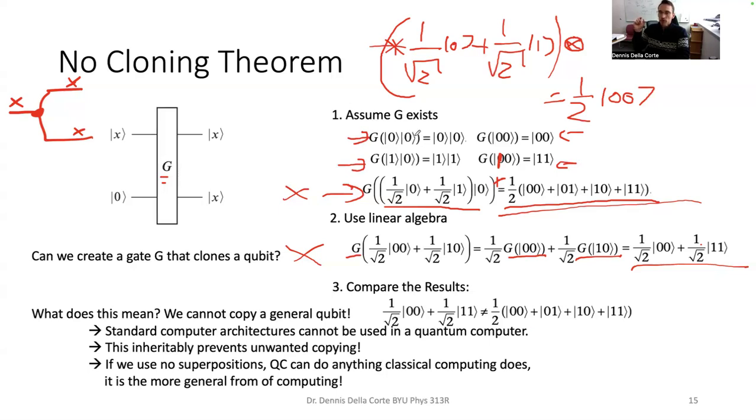The problem is as soon as you take a qubit and put it in superposition, then you're no longer able to copy it. And so this is another sign for quantum computing being a more general type of computing compared to classical computing, because there are certain things you cannot do in the general quantum computer, but in a subset of it, you can do it. And those are all the things that we do in a classical computer.